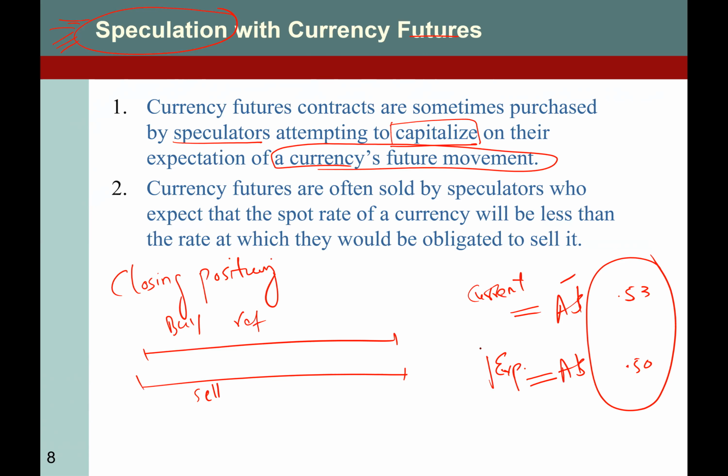If your expectation is correct, then what you're going to do is sell now, buy later. You can say, okay, we are going to sell at 0.53, but we are going to buy from another person who wants to enter into a contract like this.